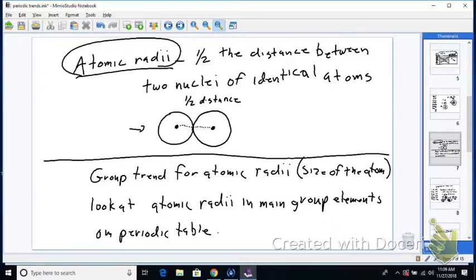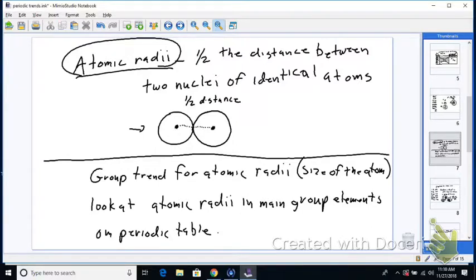So we're going to look at 2 trends today, a group trend and a period trend for atomic radii. And we're going to have to come up with an explanation. You guys are going to help me with the explanation. That's what you're going to have to do when you have a certain trend you're going to be looking at as well.